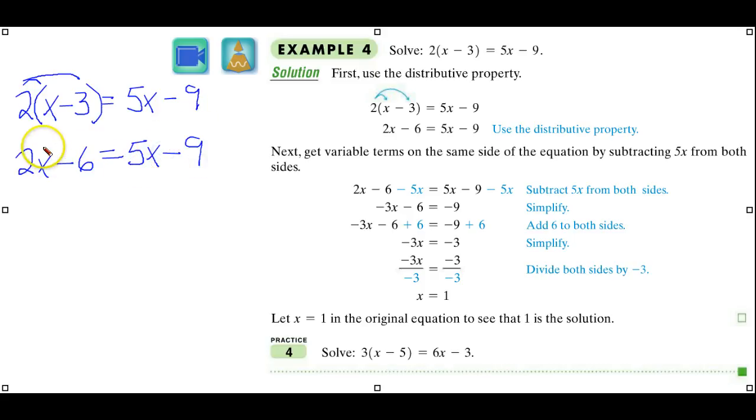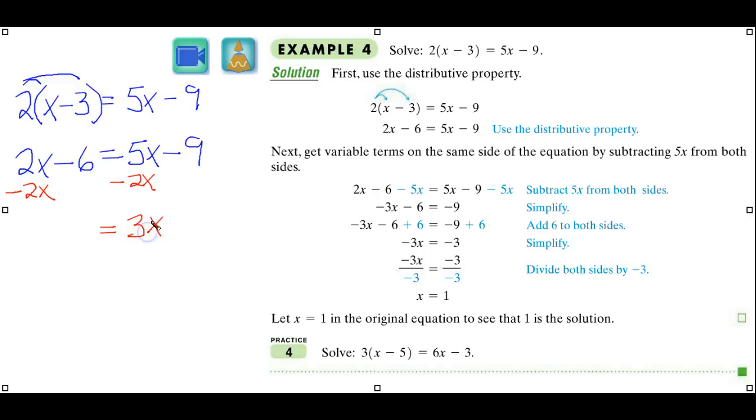So again, we have a variable, a number, a variable, a number. We want to get all the variables over to one side. So I'm going to do so by subtracting 2x from both sides. Again, I want to keep my x's positive if I can.